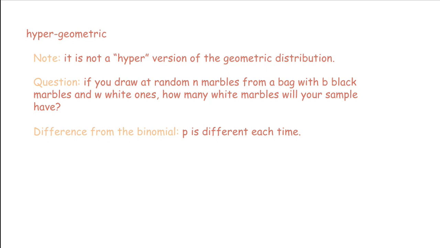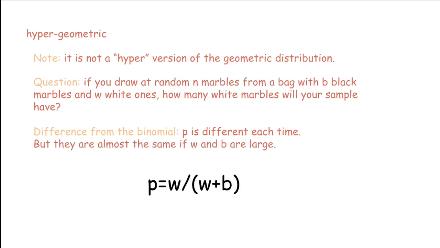In the hypergeometric, on the other hand, if you pull a white marble, then now there is one less white marble in the bag, so your chances of getting another white one is lower. But it is true that when b and w are large enough, taking out several of them doesn't change the ratio between the groups in a way that is meaningful, and therefore the hypergeometric approximates a binomial.